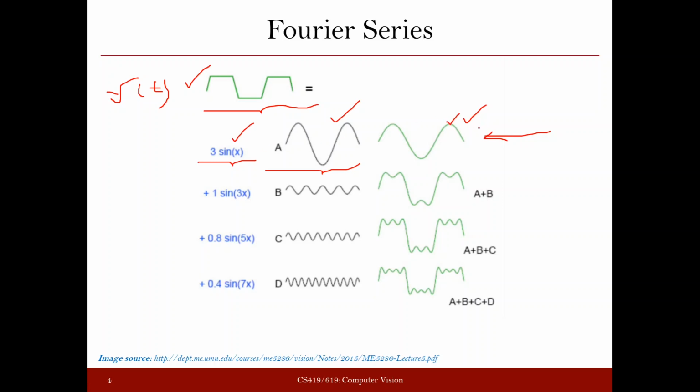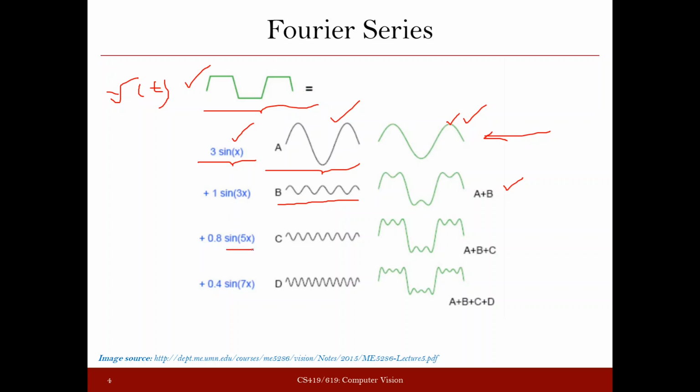Now let's say you increase the frequency. You make the frequency 3x, and you get a new waveform, this. Now when you sum these two, A and B, you get this. You see that, compared to the first one, A plus B is close to your original waveform.